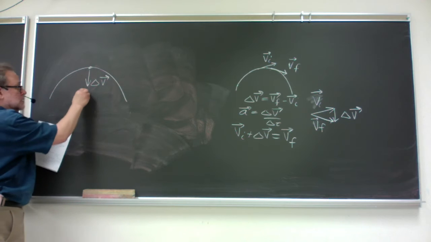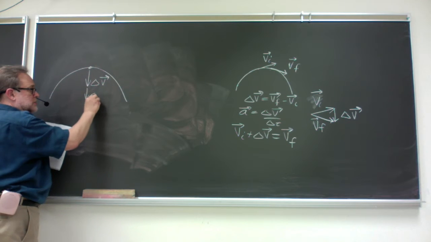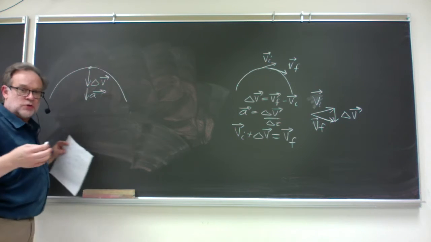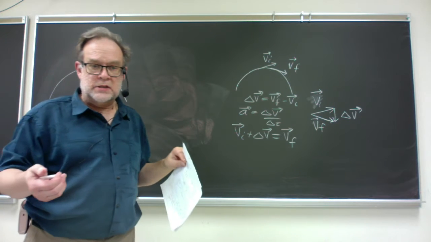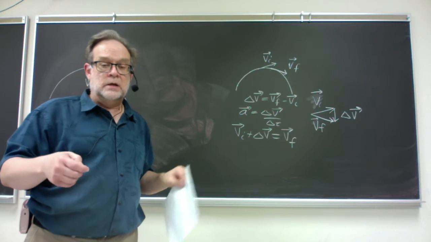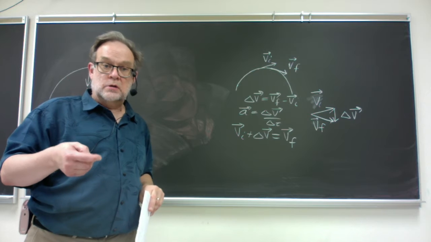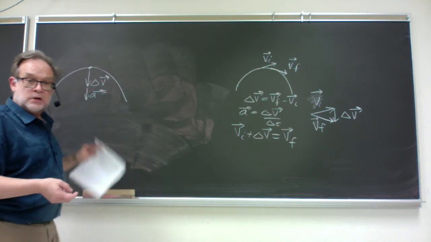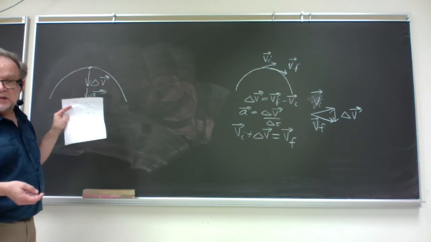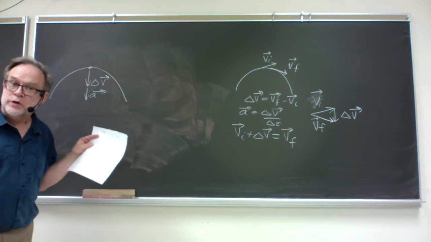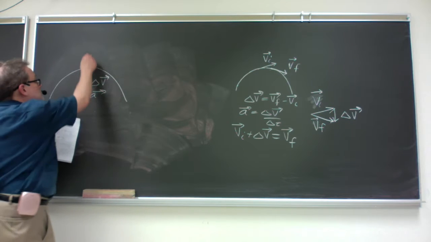So acceleration points straight in towards the center of the circle, and Newton's second law tells us that if there is an acceleration, the net force that caused it points the same way. So the net force that is making this acceleration happen points toward the center of the circle.